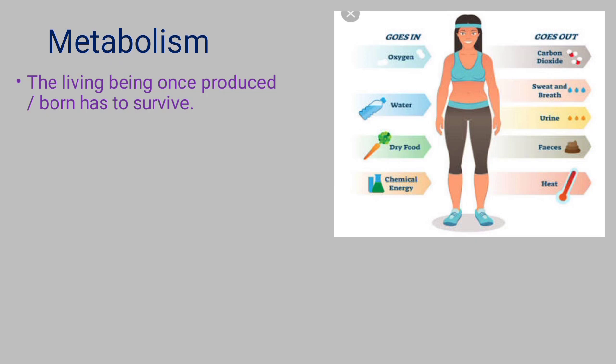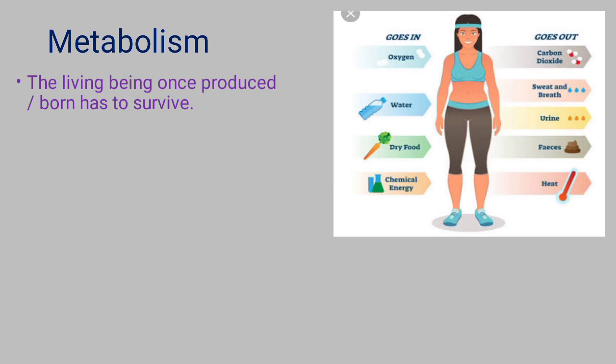Now the figure shows here that the oxygen we take in and we exit carbon dioxide. Also we drink water, we sweat, and also we breathe, and when we drink water we excrete urine by the urination process.